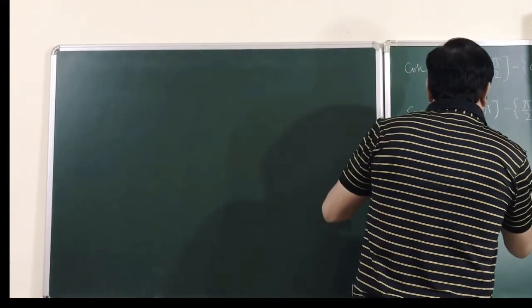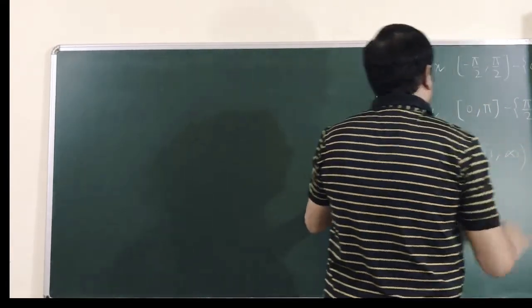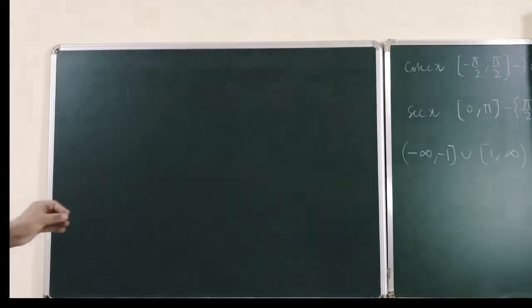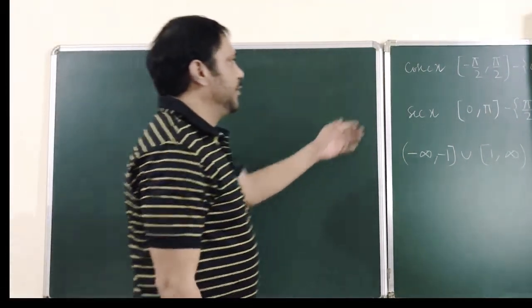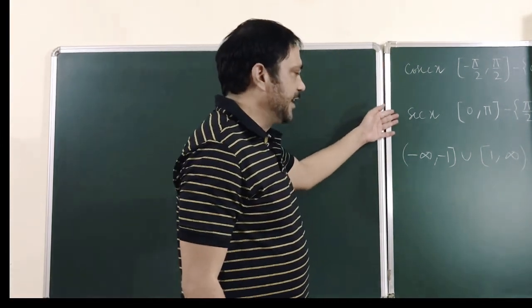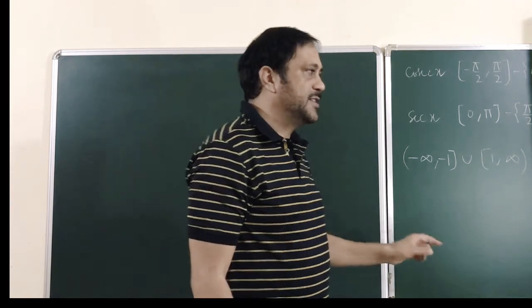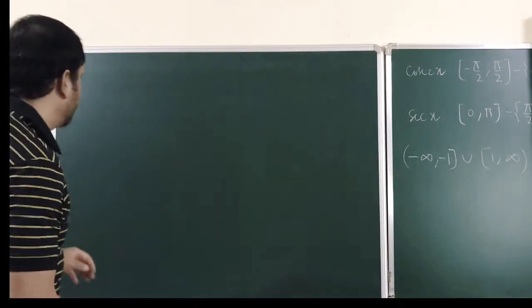So when I'm going to find the inverse of cosecant x and sec x, the answers which we get from the cosecant x and sec x will become the domain for the cosecant inverse of x and sec inverse of x.